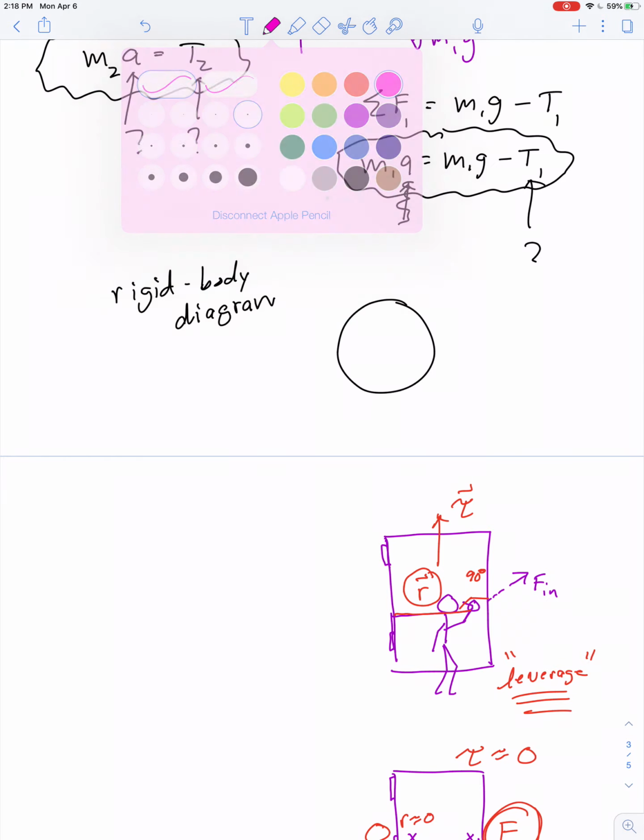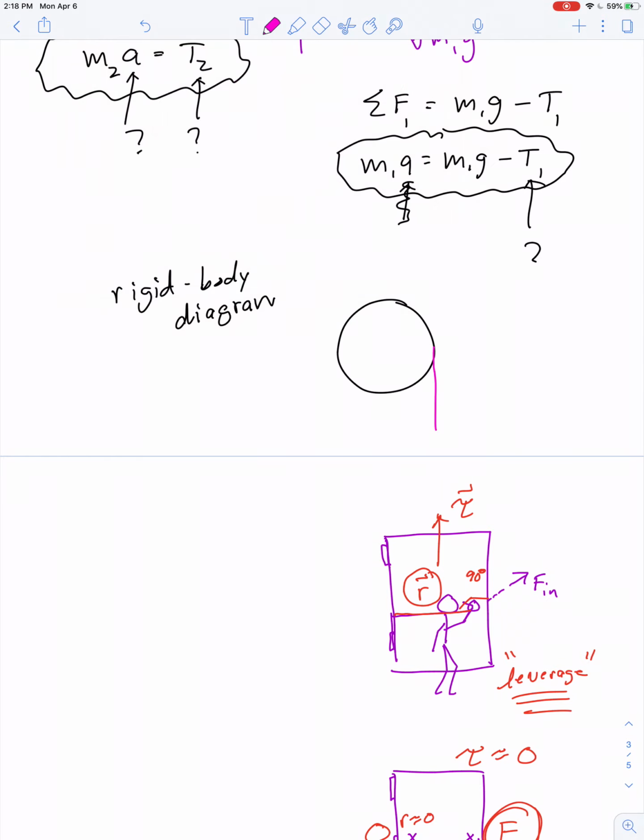Well, one of them is the tension. Now notice there's a lever arm that goes along with that force. The tension is applied at that big of a distance from the axis of rotation. In fact, that's nothing more than the radius of the pulley. Then there's a second torque-producing force.